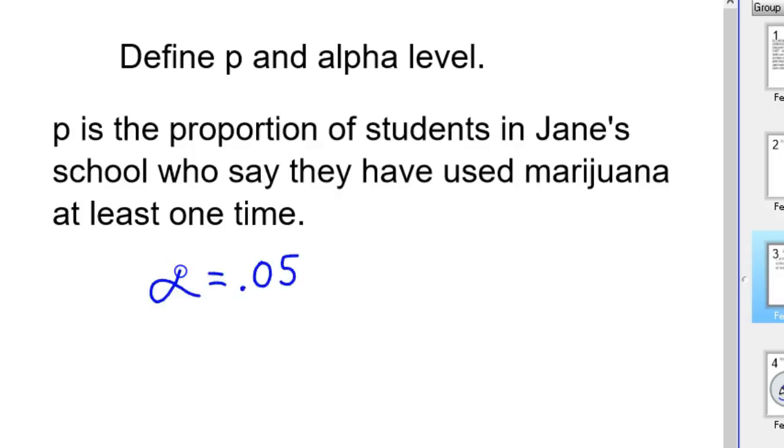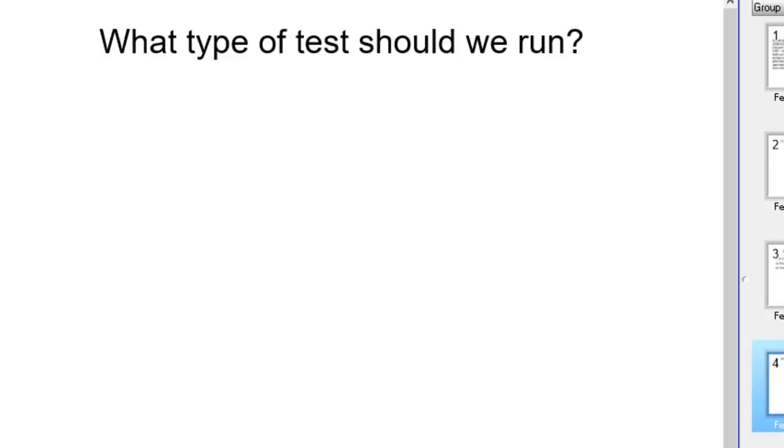That's our significance level, since this is an introductory study anyway. So what type of test should we run? Well, this is a one proportion z-test. One prop z-test is what you're looking for if you look it up on your calculators.